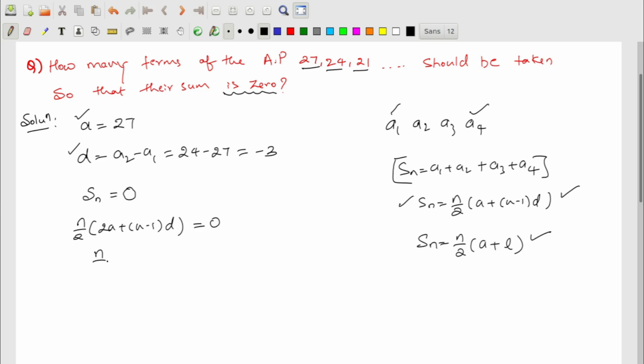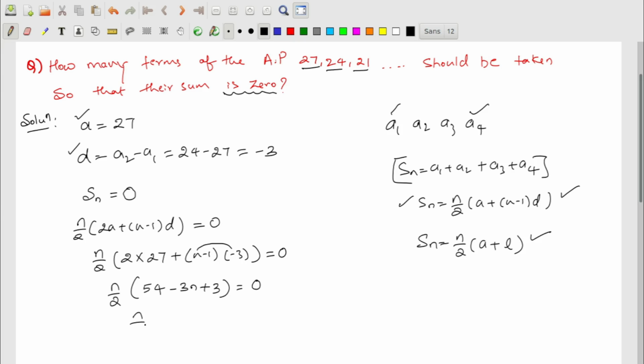Now keep n by 2 as it is, and then 2 into a, the first term, 27, plus n minus 1 and the common difference minus 3, is equal to 0. Now simplify: n by 2 as it is, 27 into 2 you will get 54, and then multiply these two, minus 3 with n you will get minus 3n, minus 3 with 1 you will get plus 3, is equal to 0.